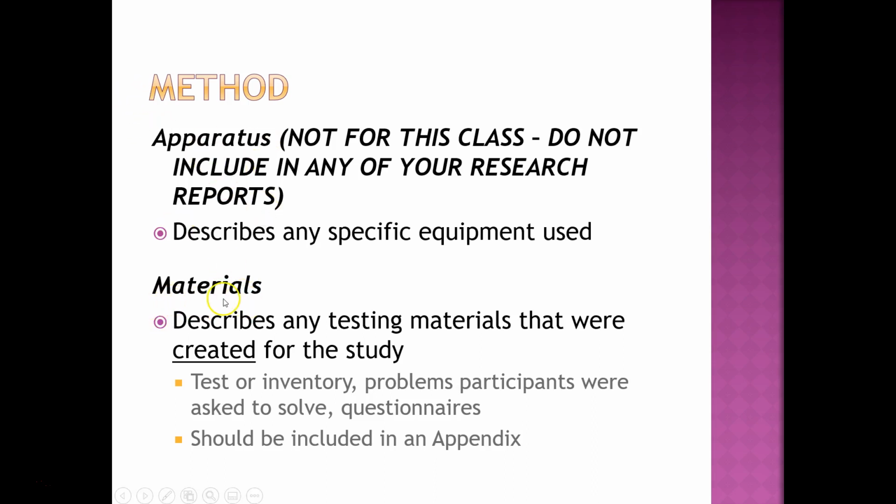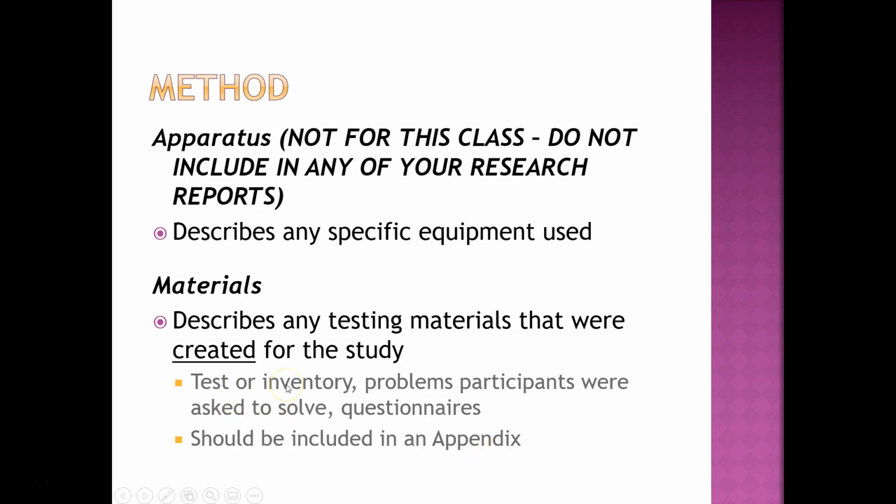We will often have a materials section, and this describes any testing materials that were created for the study. So if you create a questionnaire or a survey, you're going to describe it, and then you're also going to include a copy of whatever you created at the very end of your paper in something called an appendix.